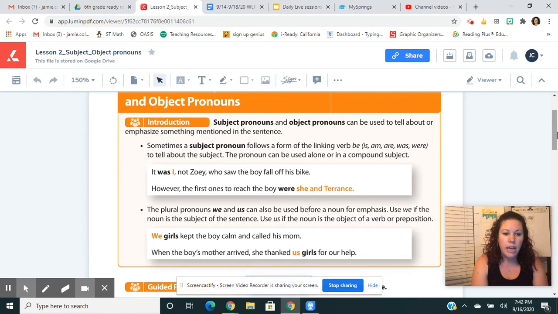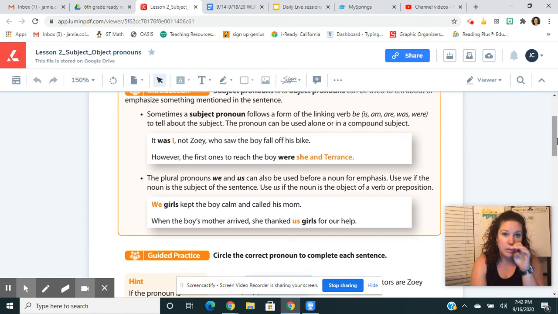Okay, so now let's look at the plural pronouns we and us. They can also be used before a noun for emphasis. Use we if the noun is the subject of the sentence. Use us if the noun is the object of a verb or a preposition. So let's look at the two differences. We girls kept the boy calm and called his mom. When we use we, it's because the noun is the subject of the sentence.